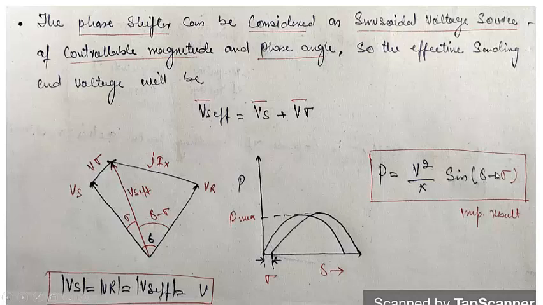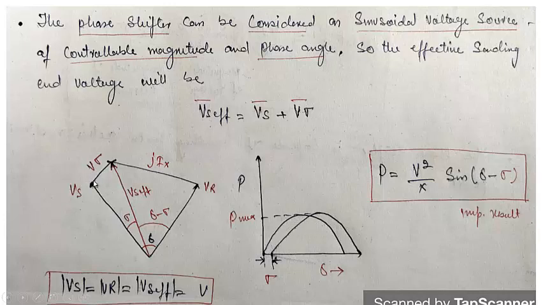You can see from here, as I have told you, if delta is very large, by introducing a positive sigma, this can be reduced, and this power curve in that case will be shifted towards the right. So when delta is reduced, you can see that the transient stability in this case has increased. Even if the steady state stability has not increased, because Pmax remains as it is.